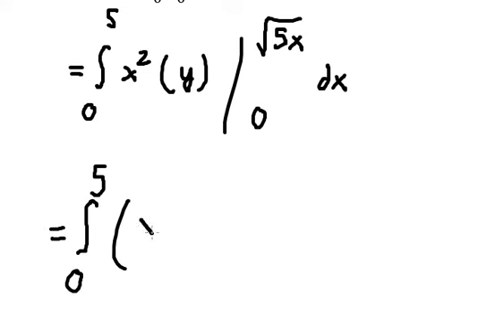So we have s squared multiplied with the square root of 5s, and s squared multiplied with number 0.